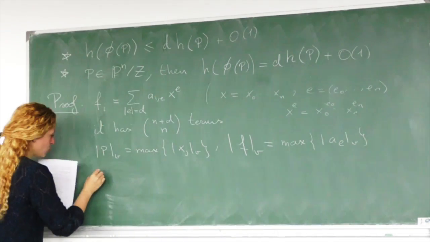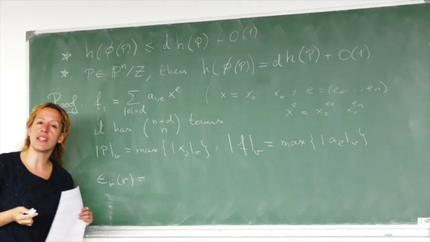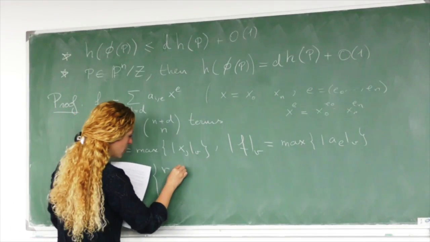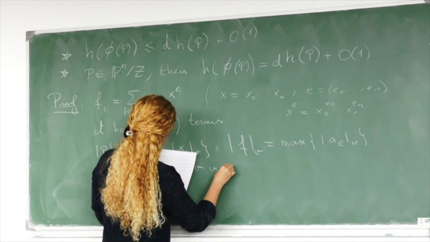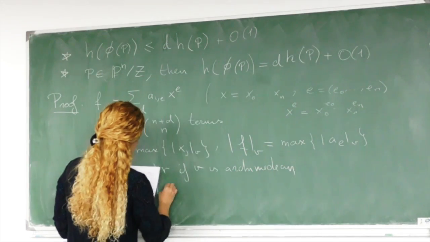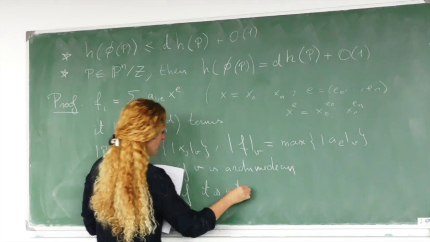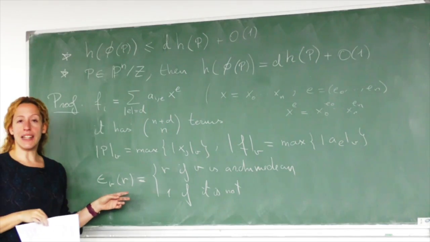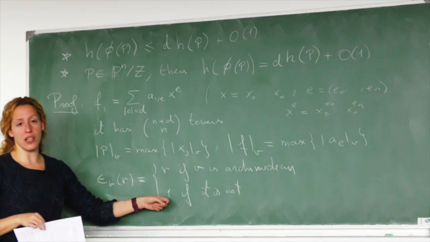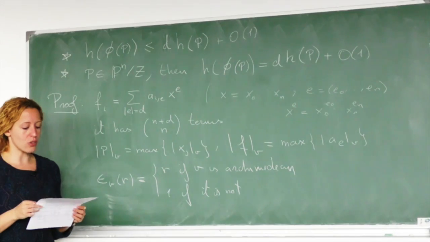And finally, I'm going to use this notation, similar to the constants that appear in the previous proof. It is going to be equal to R if B is Archimedean, and 1 if it is not. Again, this is a constant that comes from the triangular inequality. In the non-Archimedean case, we can even use the ultrametric inequality, so we can get a better constant. This is why we're going to use this constant.